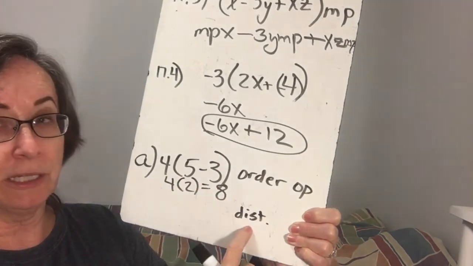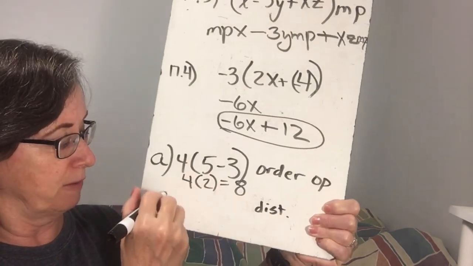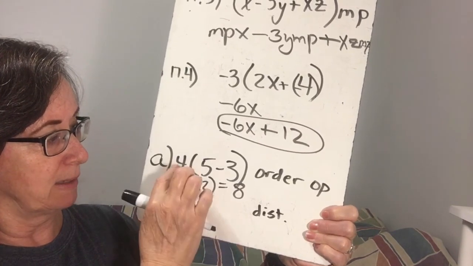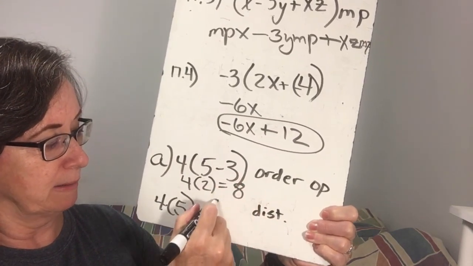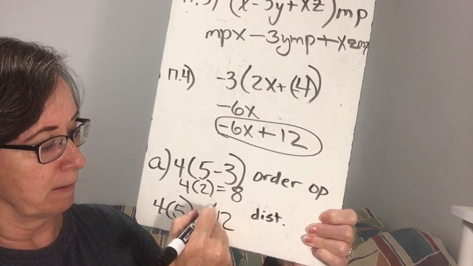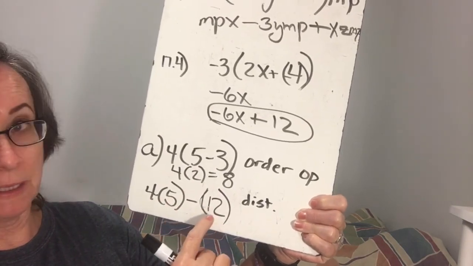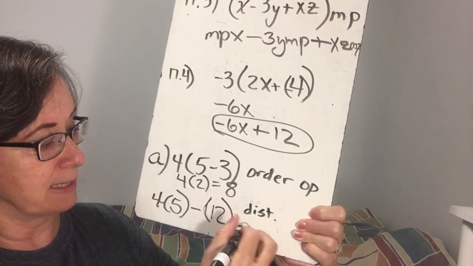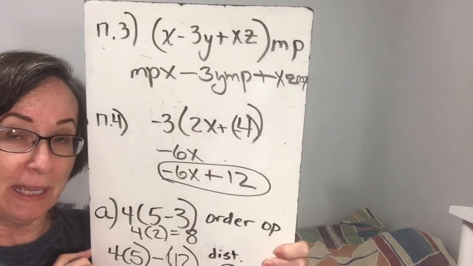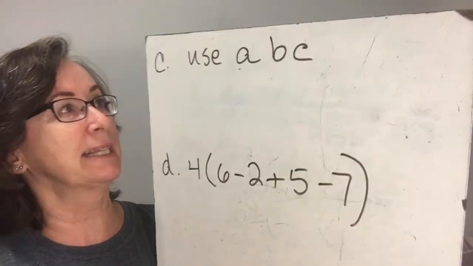Okay, so now we're going to do it using distribution, which means 4 times 5 minus 4 times 3. I should have written it out, but I forgot. So 20 minus 12 is 8. And I get the same answer either way I do it. Almost done with this lesson.